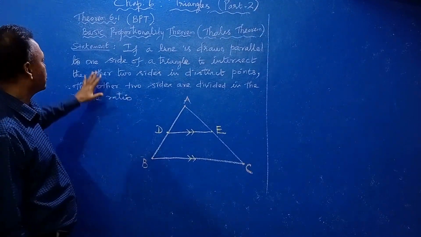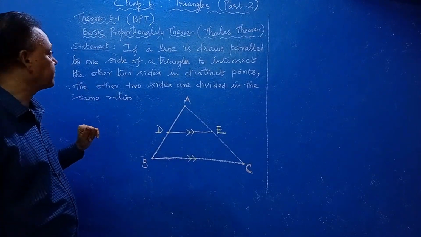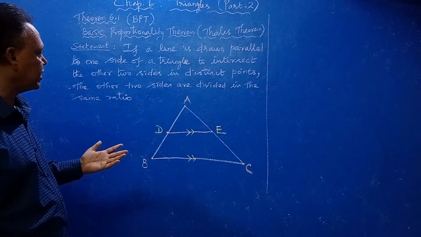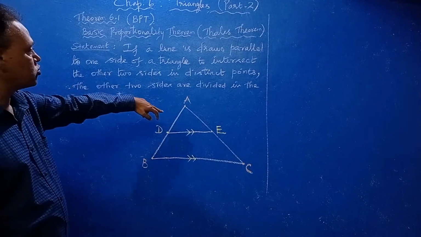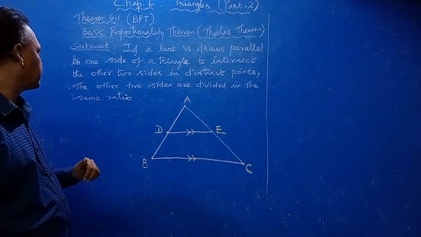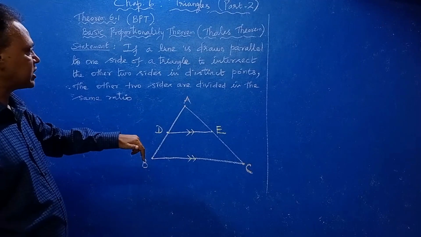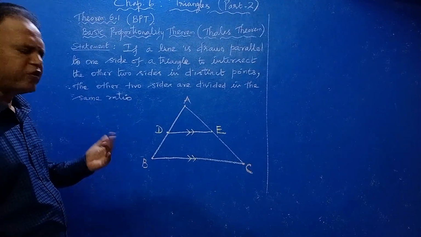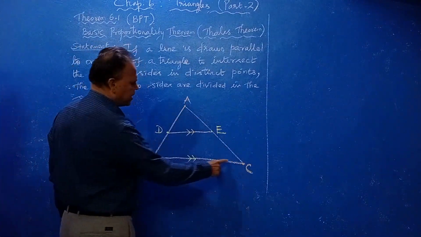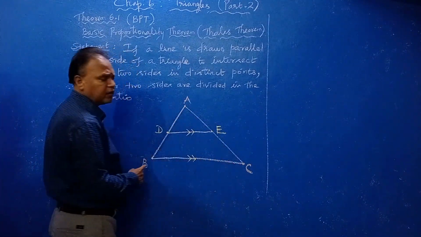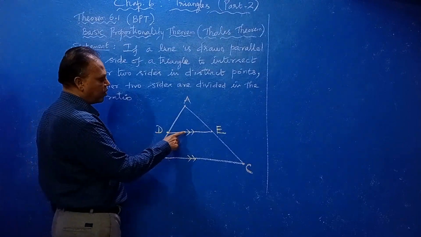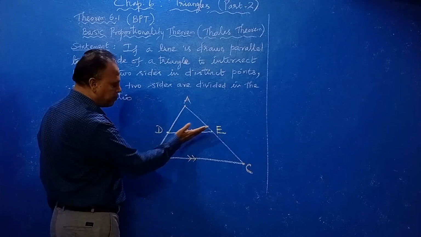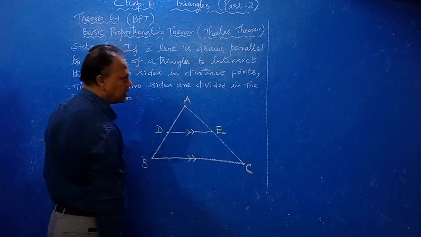So see the statement. If a line is drawn parallel to one side of a triangle to intersect the other two sides in distinct points, the other two sides are divided in the same ratio. Take any triangle ABC. The line is drawn parallel to one side of the triangle, that means DE parallel to BC.